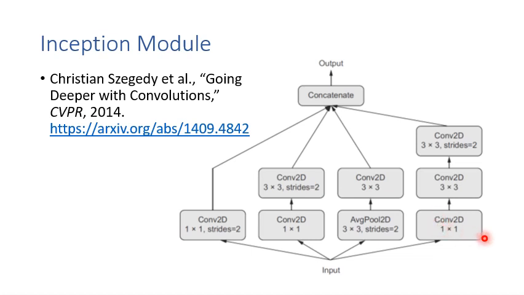The fourth branch is 1x1 followed by a 3x3 filter and then a 3x3 filter with stride 2. So the Inception module applies different sizes and strides of filters to the same input inside one module, and then concatenates all the output features together and sends them to the next Inception module.